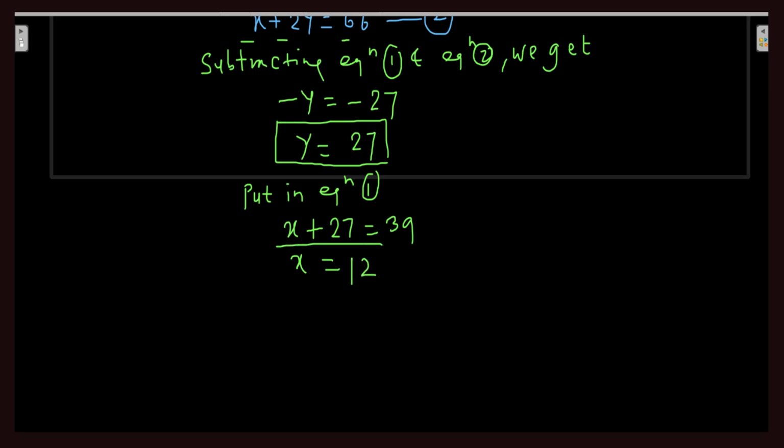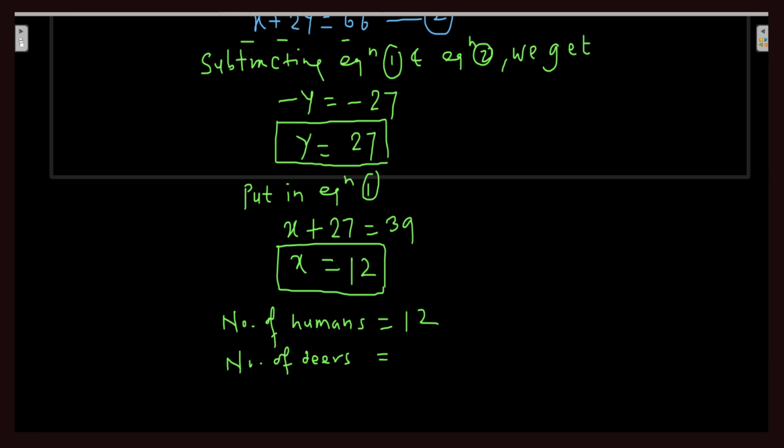So you have got the value of x. Highlight this step also. And what is x? x is the number of humans. So at the end write the number of humans is equal to 12, and the number of deer is equal to 27.